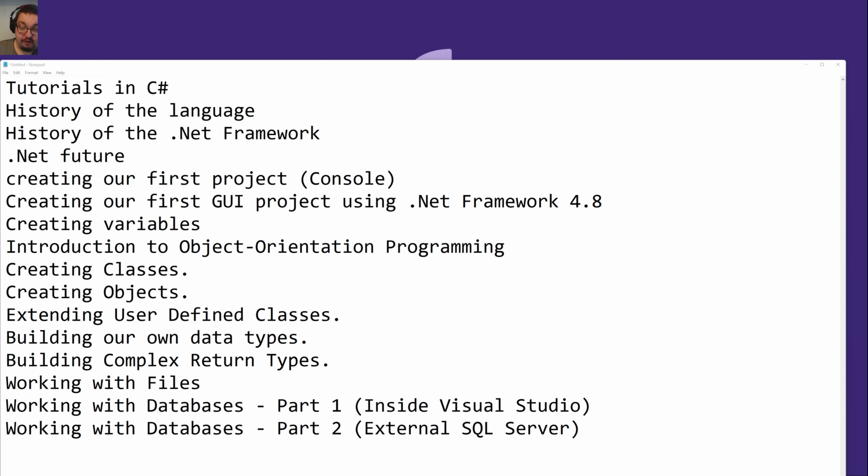Then we'll move on to working with files. Okay, so that's the files on the hard drive, or the drive location within the application. And then towards the end of this first half of the tutorials we'll finish with working with databases. Okay, so the commands, the keywords that you need within Visual Studio itself.